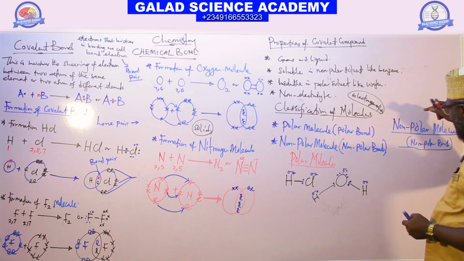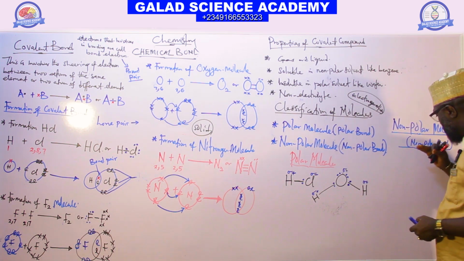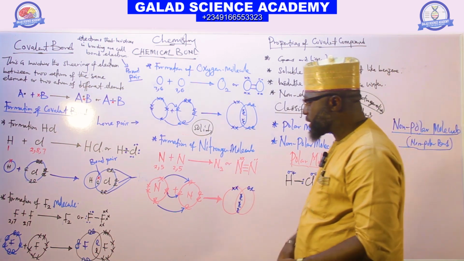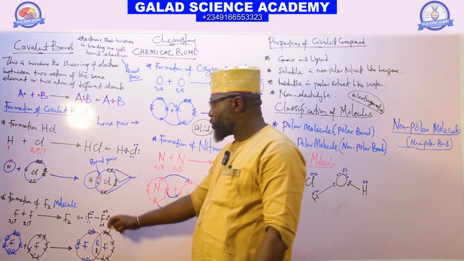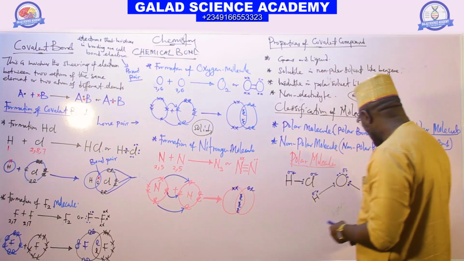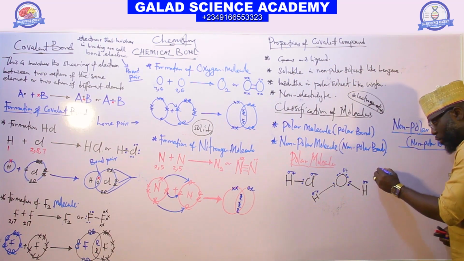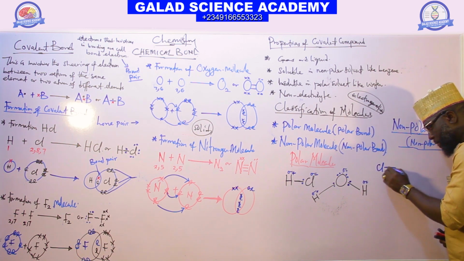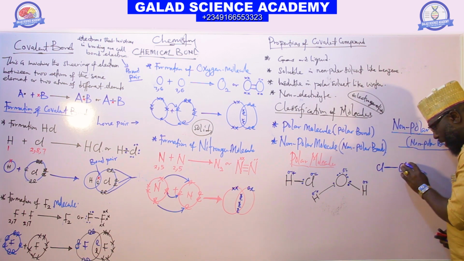The bond in a non-polar molecule is called a non-polar bond. Let me use this as a case of study, which is fluorine. Look at fluorine here. We have the fluorine molecule, or let me use the chlorine molecule, Cl2.